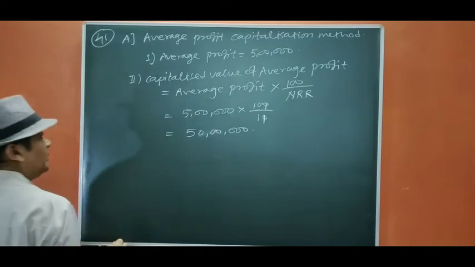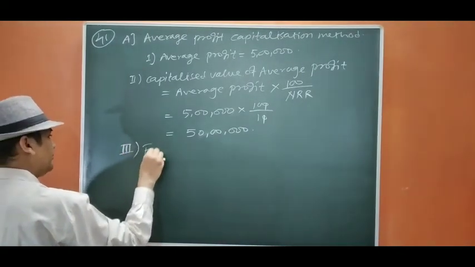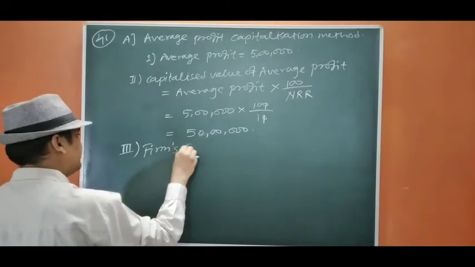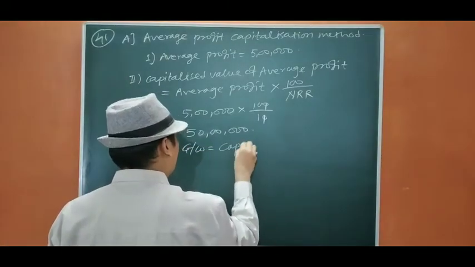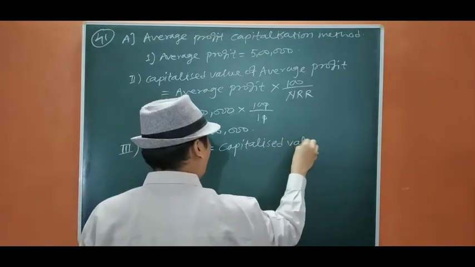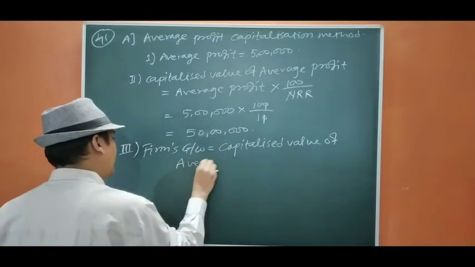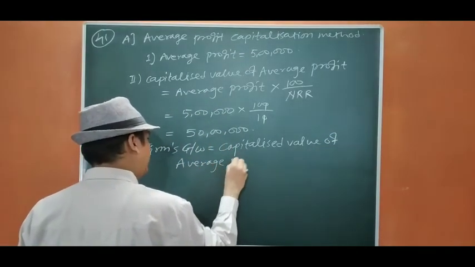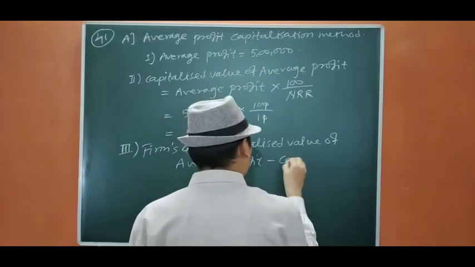Okay. Next, goodwill equals capitalized value of average profit minus capital employed.